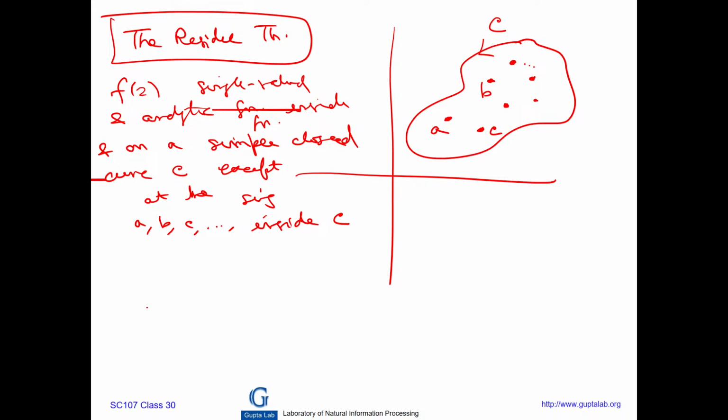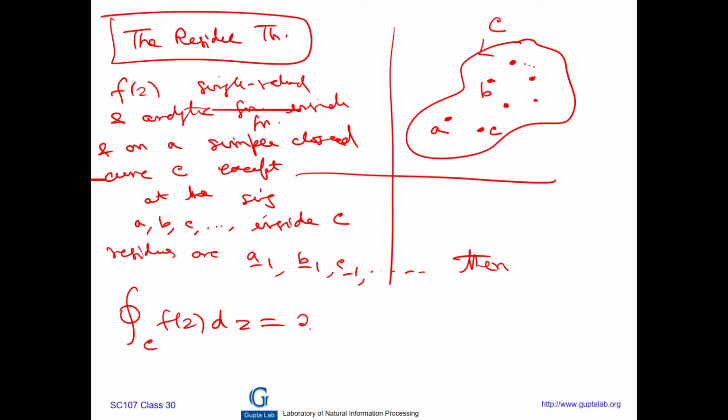Okay, and suppose the residues are given by a minus 1, b minus 1, c minus 1, and so on. So at each singular point, if I know the residue, which is a minus 1, b minus 1, c minus 1, etc., then the Cauchy residue theorem says that integration along C f of z dz is 2 pi i times the sum of the residues.